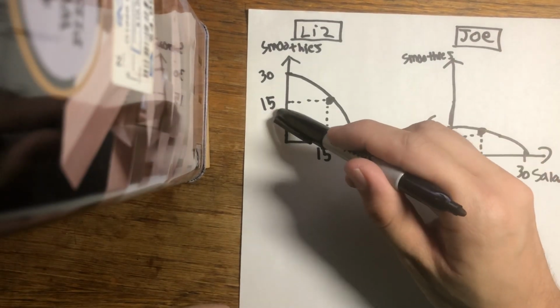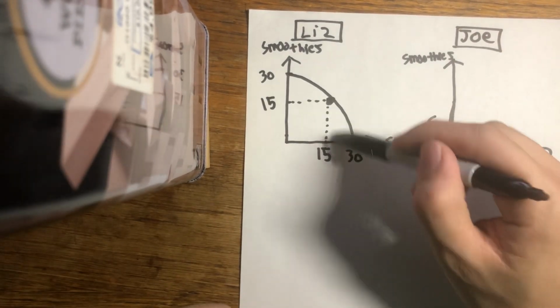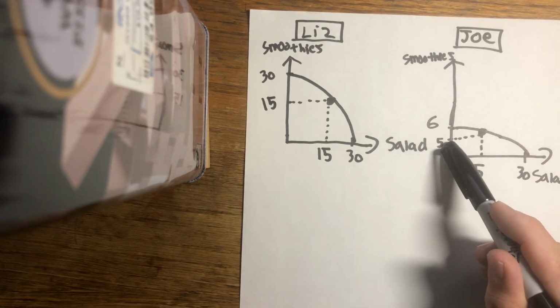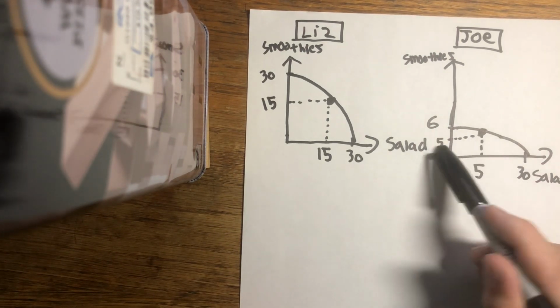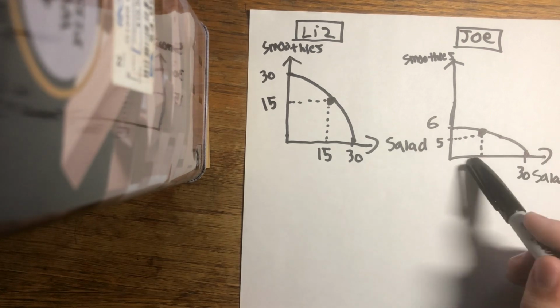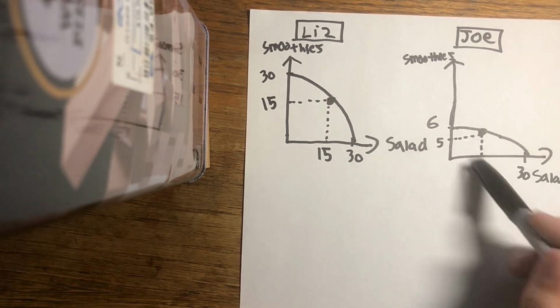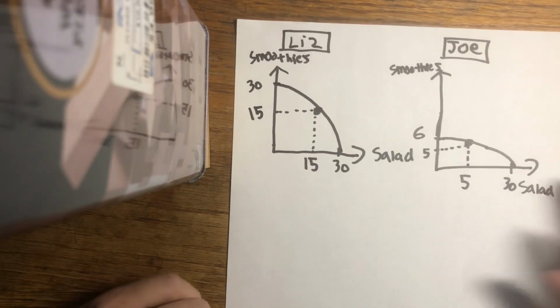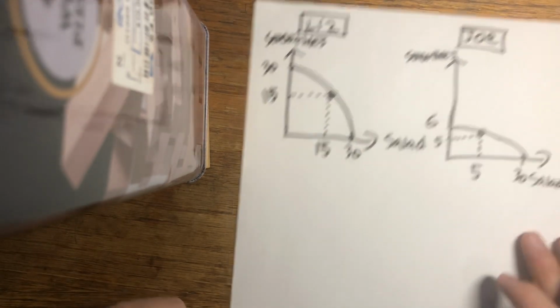So therefore, 15 smoothies is the equivalent of 15 salads. Whereas here, 5 smoothies is equivalent to 25 salads, which was subtracted from this amount, which gives us just 5. Okay, so we have our PPFs over here.